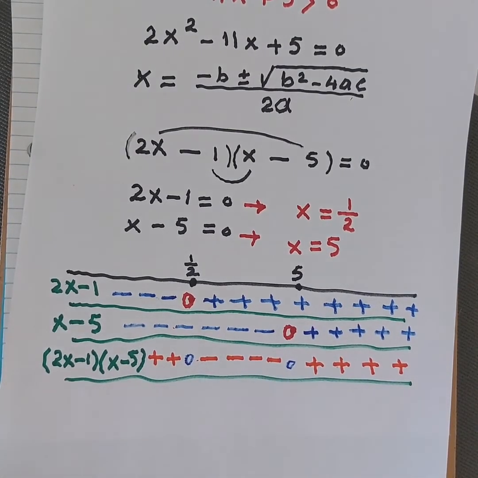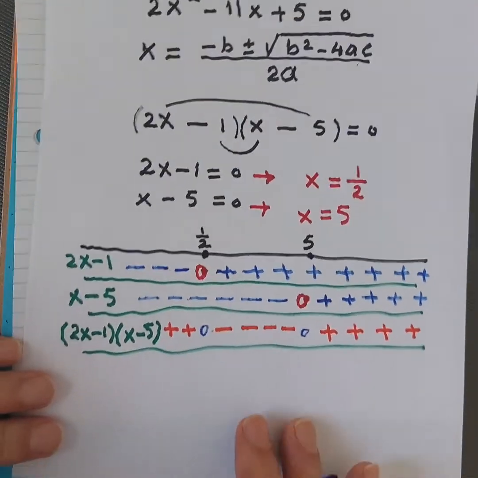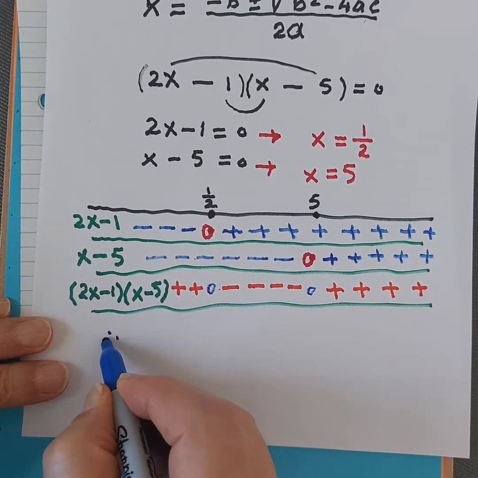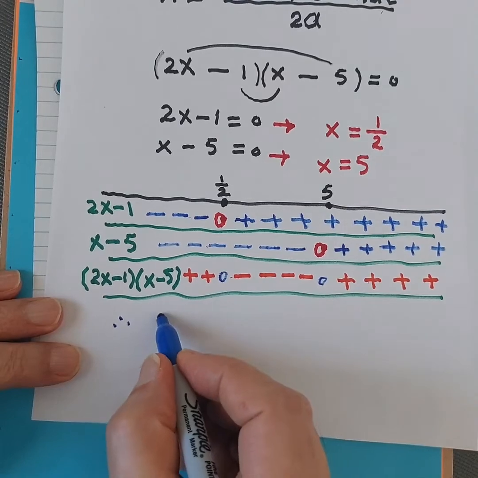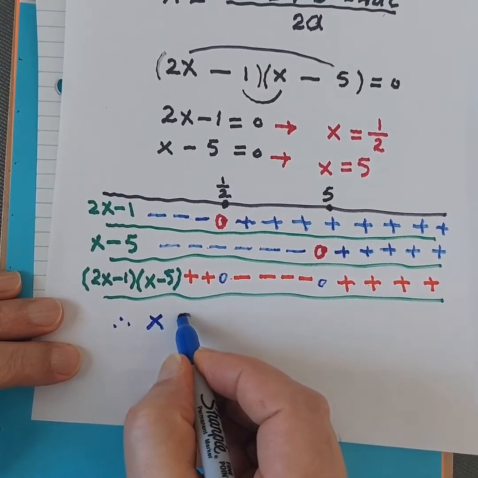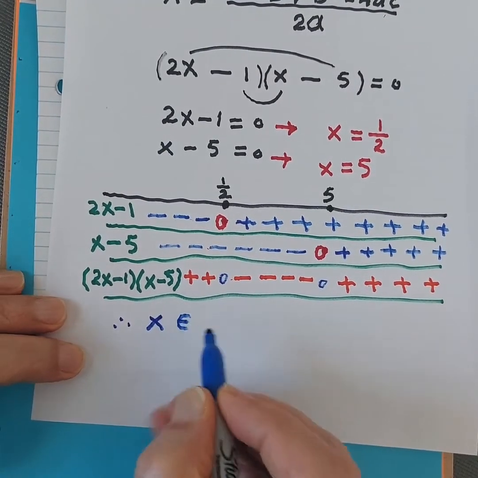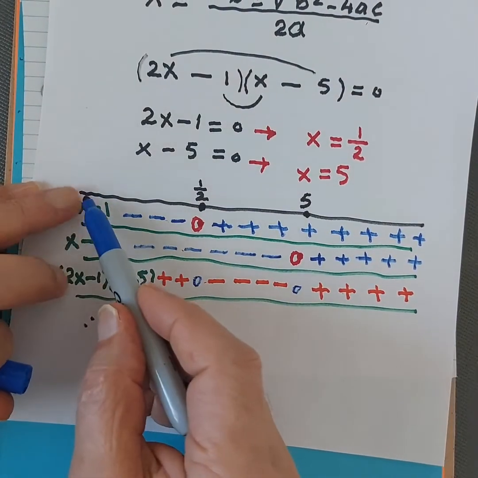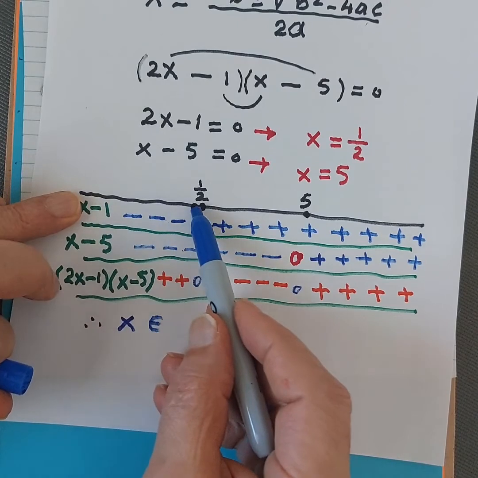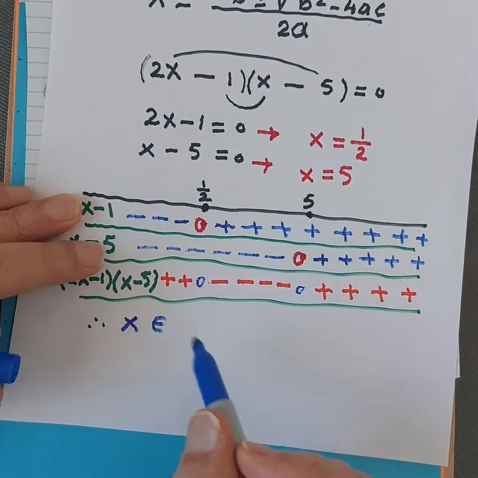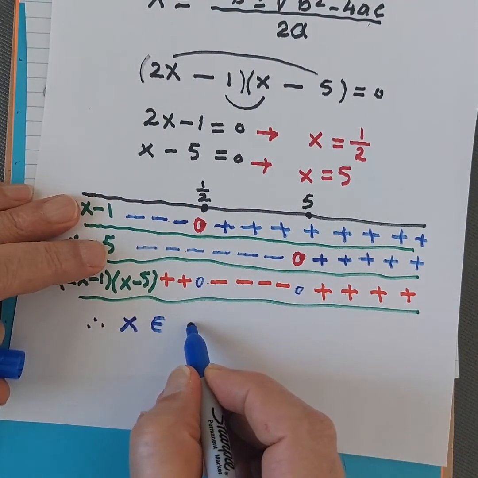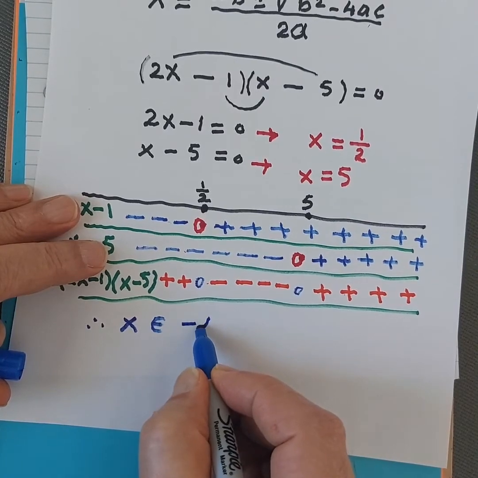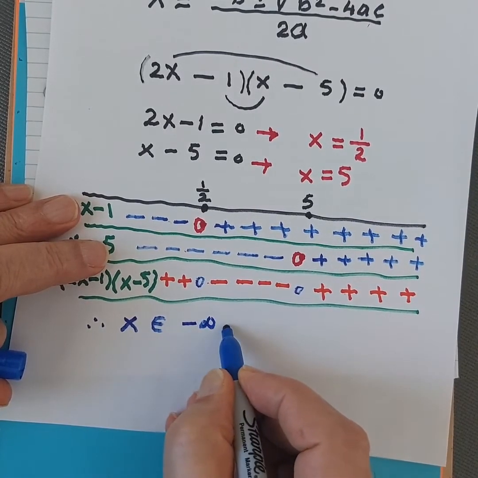So we can write the solution this way. We can say x belongs to the first interval, starting from negative infinity till 1/2.